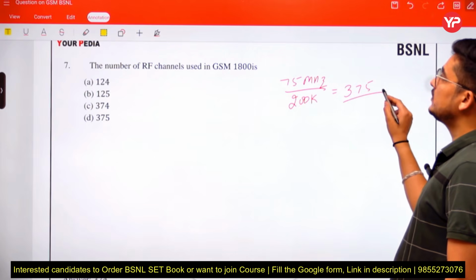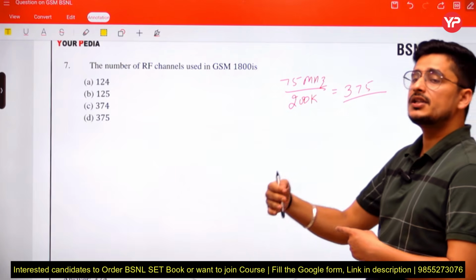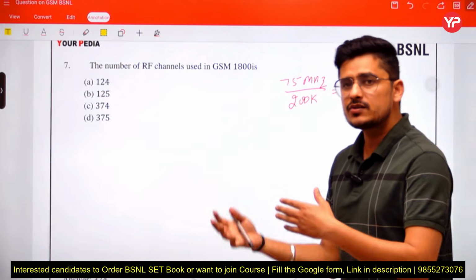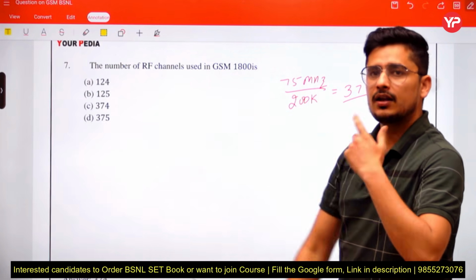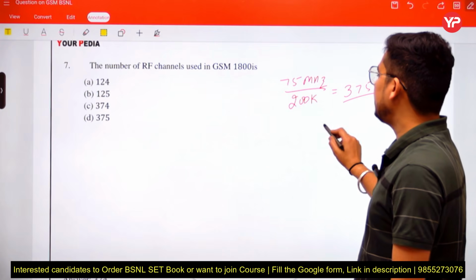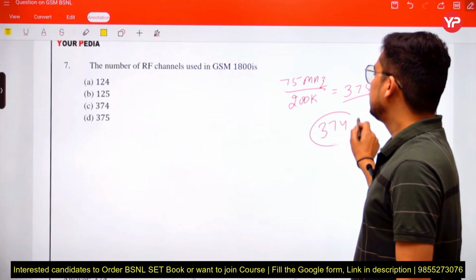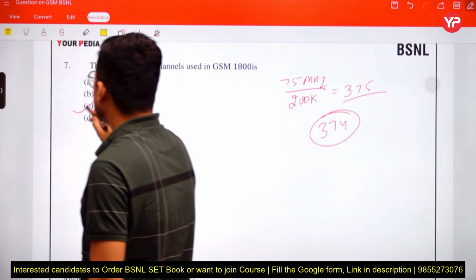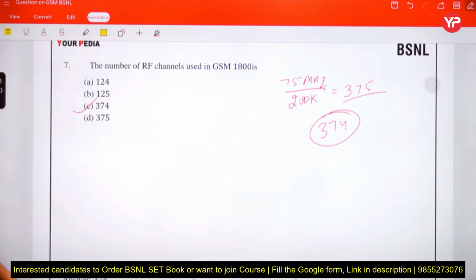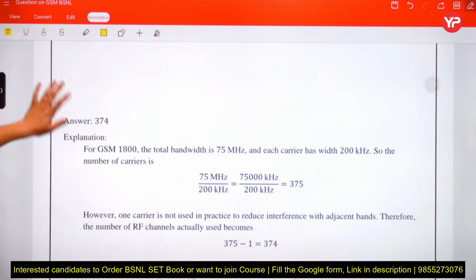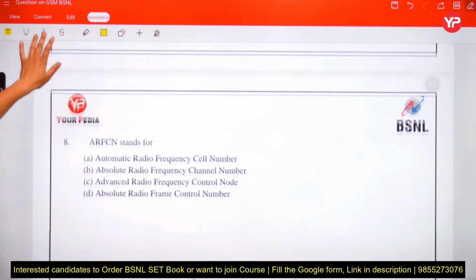But again, he is talking about the number of RF channels used, which means we have to leave one channel, one carrier frequency. So how many channels can I use here? 374 channels we can use in this case. So the answer will be 374. Right.